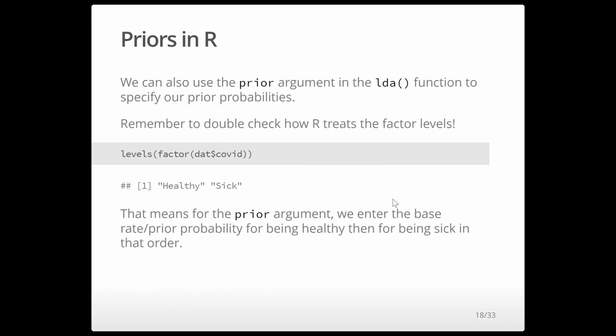So we can again use the prior argument in LDA to specify our prior probabilities. And so remember, double check in R what order the categories go in. So for the prior argument, we enter the base rate or the prior for being healthy first, and then for being sick, in that order.